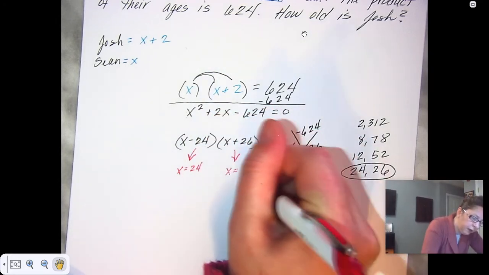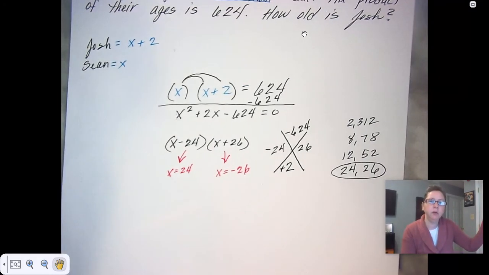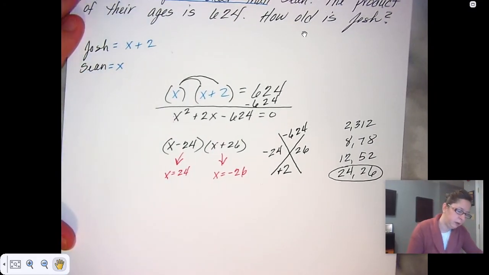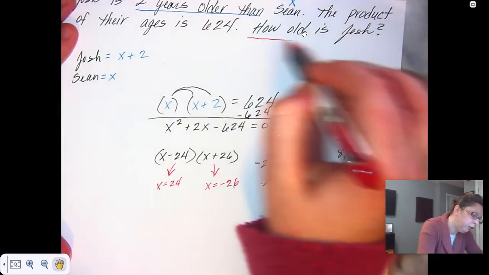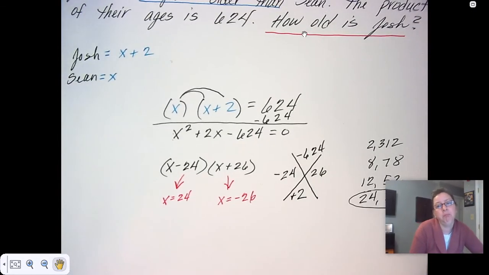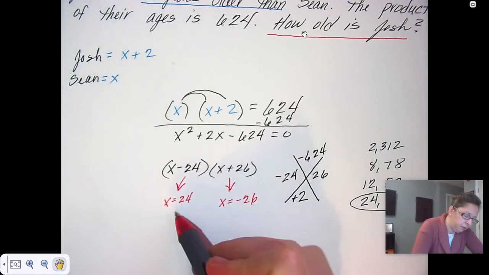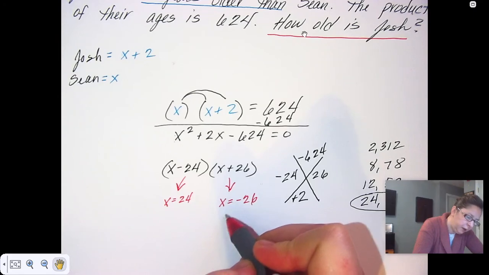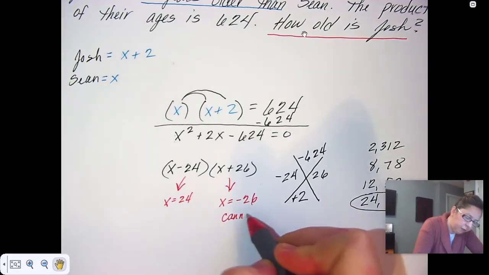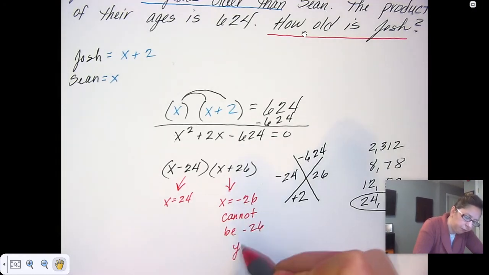x equals 24, x equals negative 26. Now I want us to go back and answer the question. It says, how old is Josh? So which of these two numbers would you want to use? Hopefully you said this positive one, because Josh cannot be negative 26 years old. Okay.